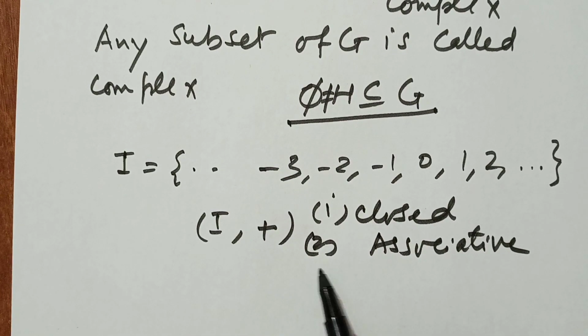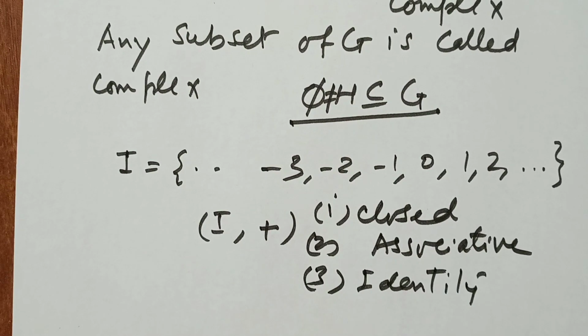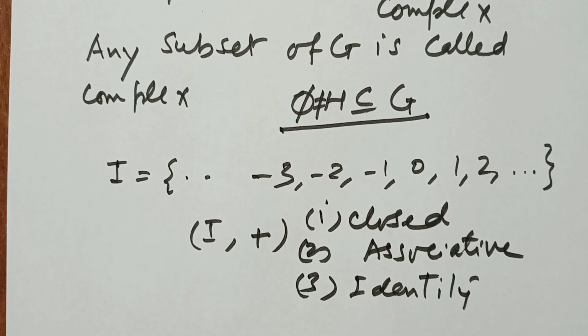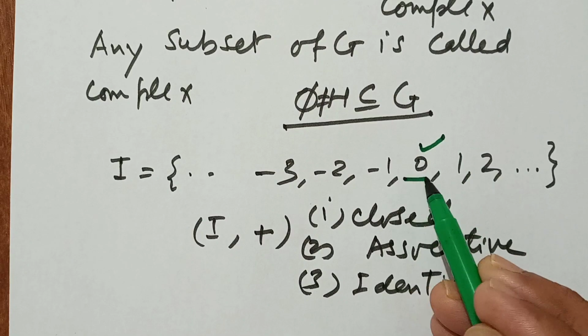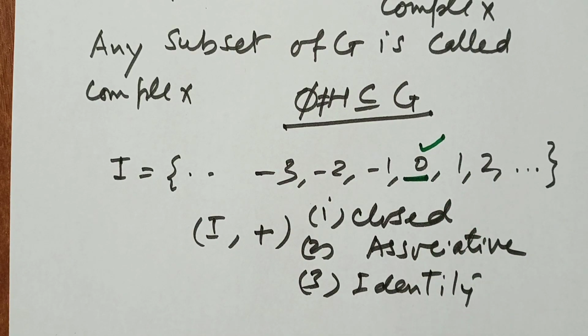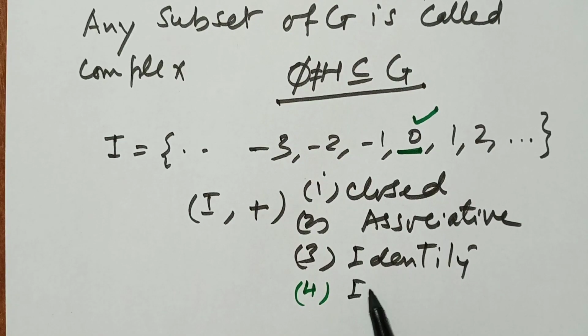Third is the identity law. So what is the identity law? For identity, first you see what the operation is. This operation is addition, so here 0 is the identity with respect to addition. Here 0 is present, so the identity exists. Now the fourth property is inverse.